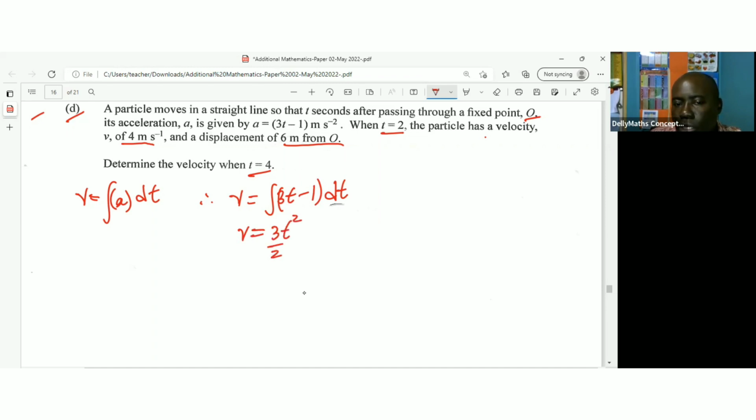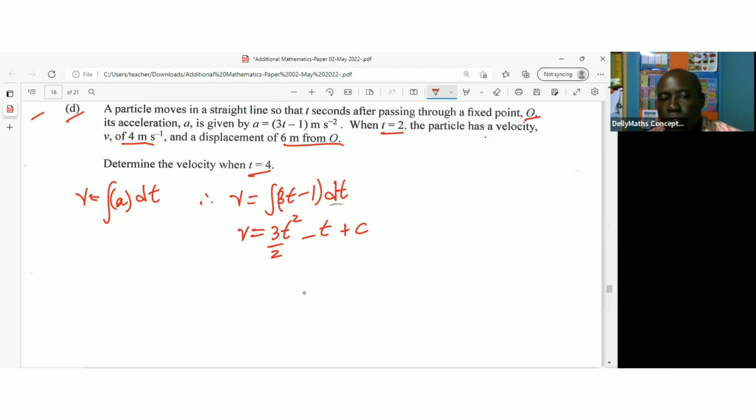We add 1 to the power and divide by the new power, minus t plus c. This is the function that will work for velocity, but we need to find out what c is.